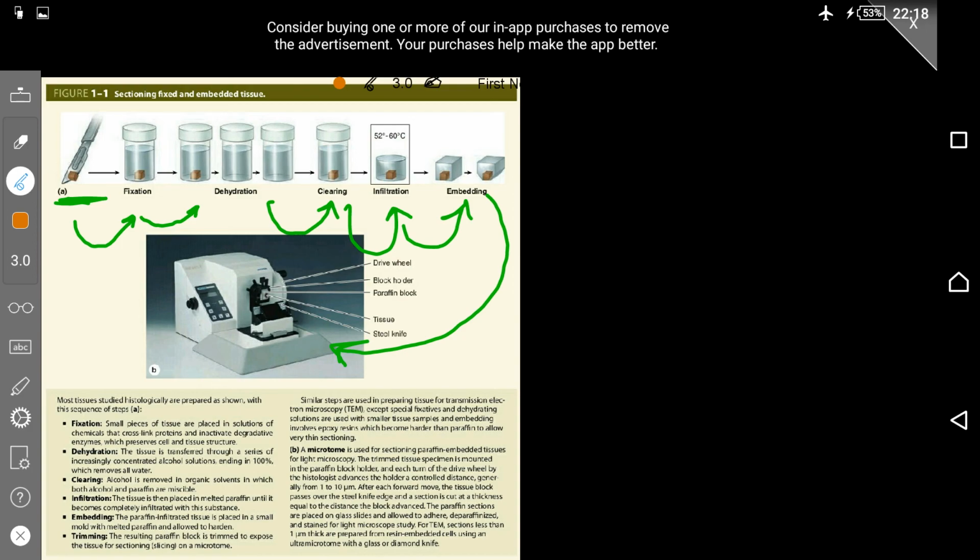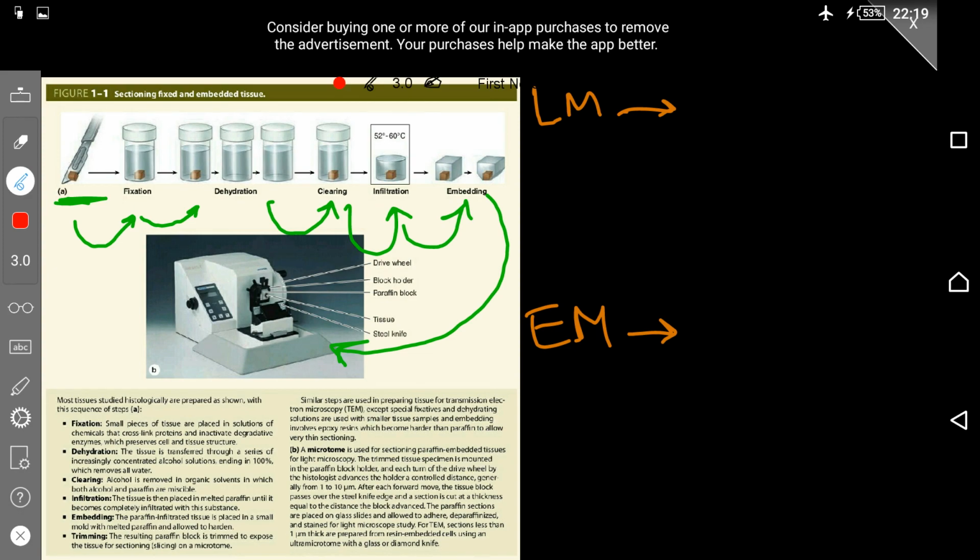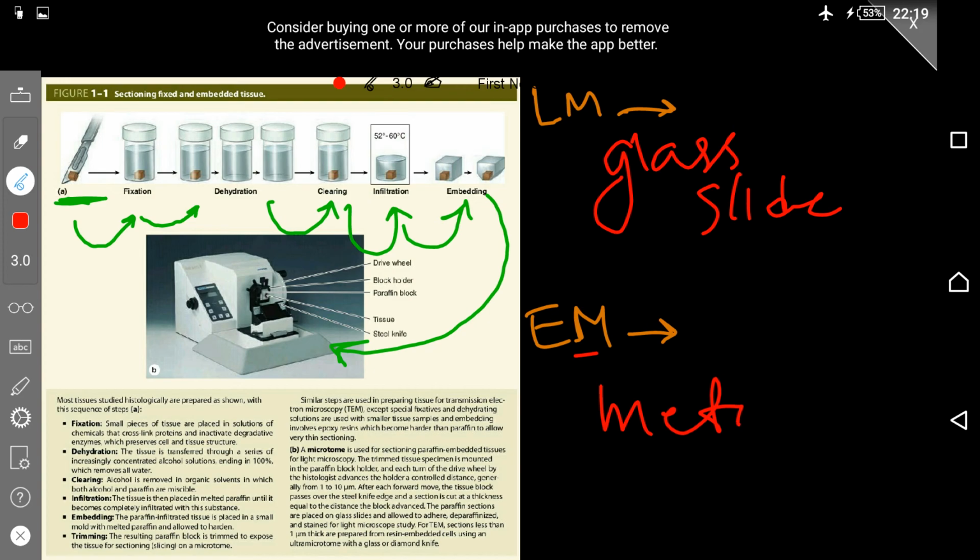If you want to study this tissue through light microscopy, there is one thing that you will do, and if you want to study it through electron microscopy, another thing that you would do. If light microscopy is your goal, then you would put it on a glass slide, and if electron microscopy is going to be your method of study, then you're going to put it on a metal grid.